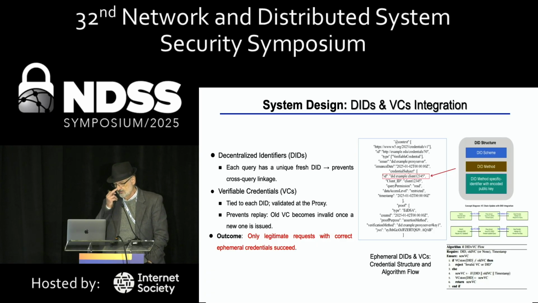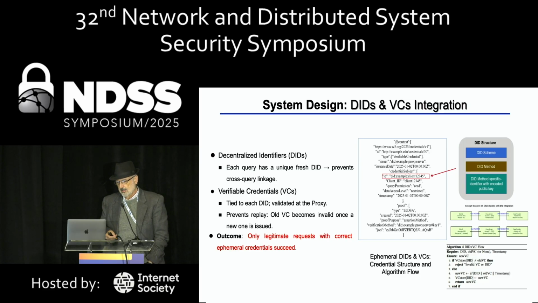Essentially, it can be something like a public key, but it has more features because it has an indirection. There is a DID document, and you can circle around identifiers.